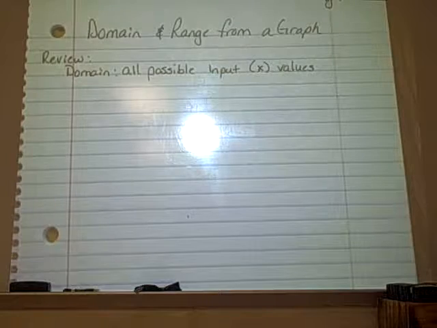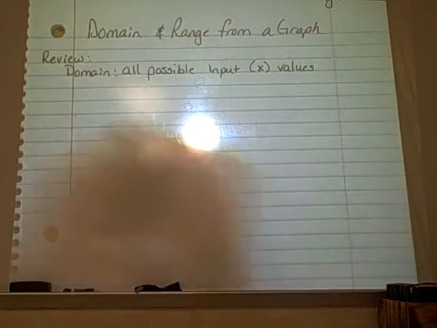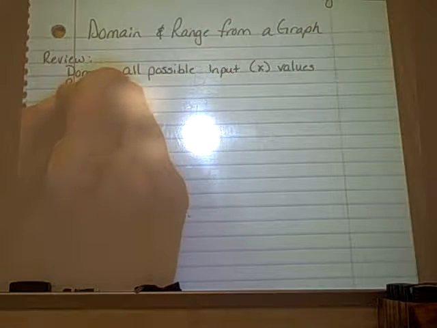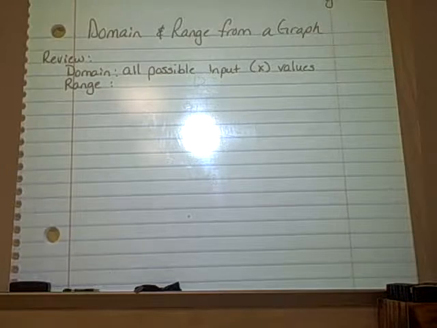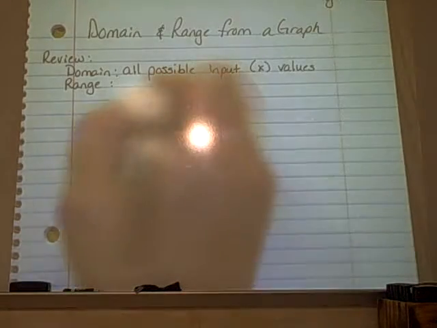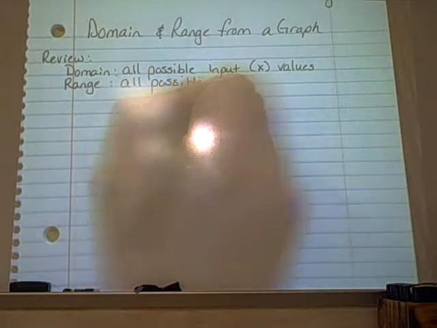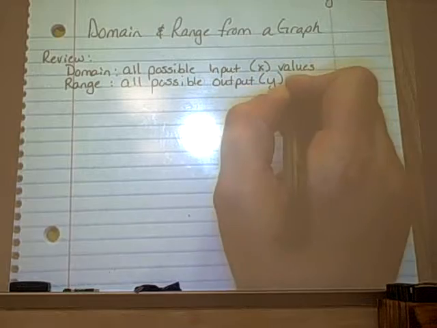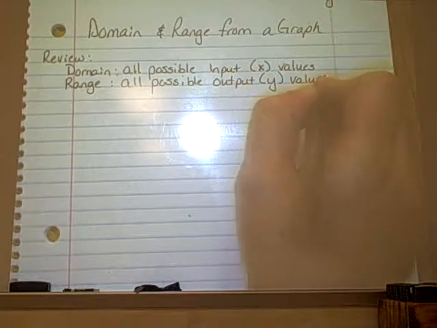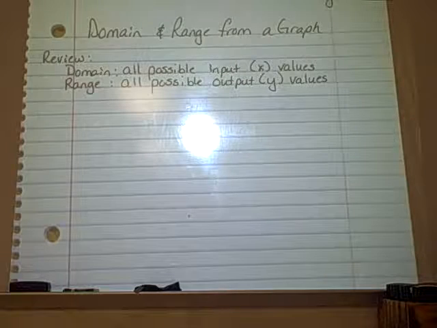All the possible input or x values for a function. Which means range is all possible output values, or y, for a function. Domain is all the input, range is all the output.